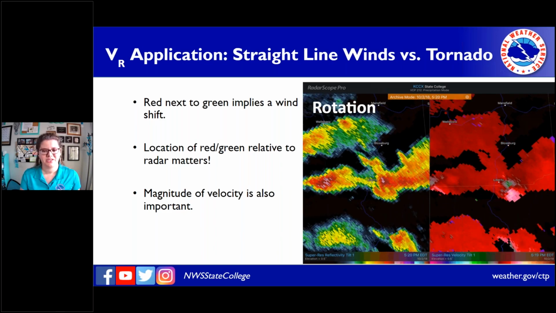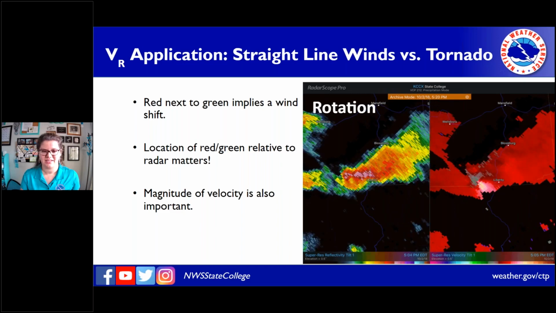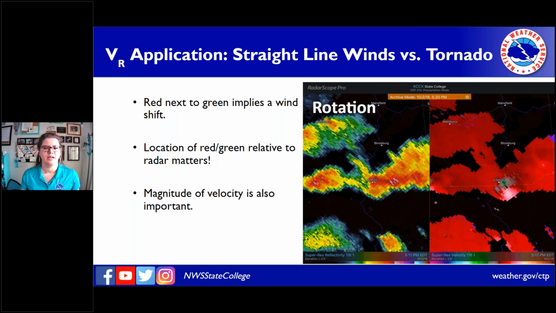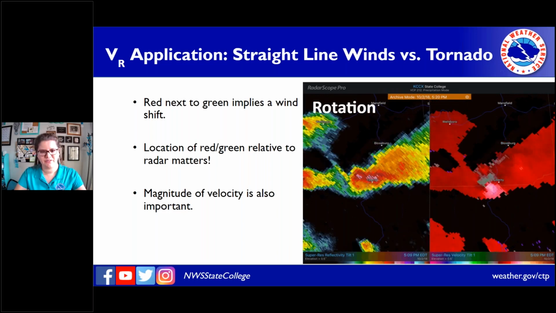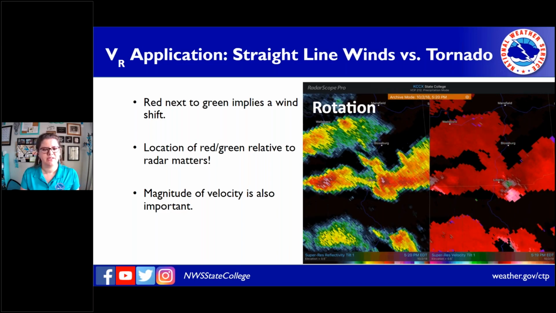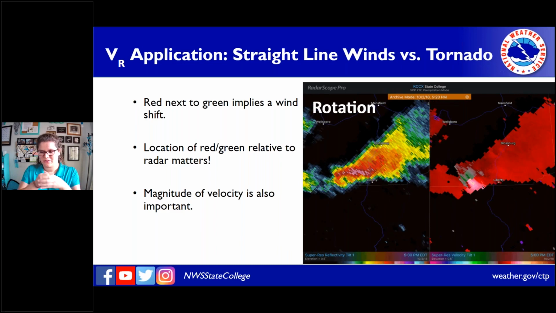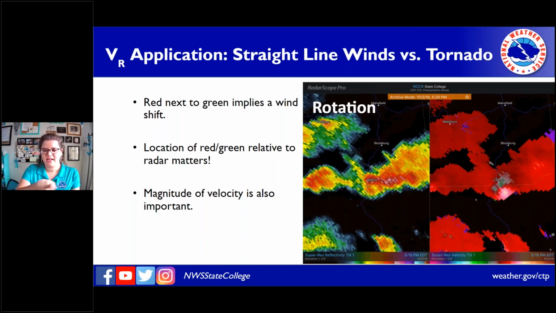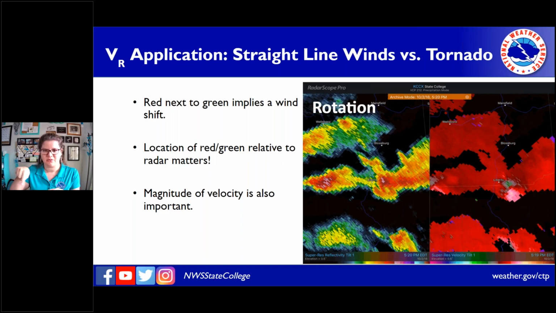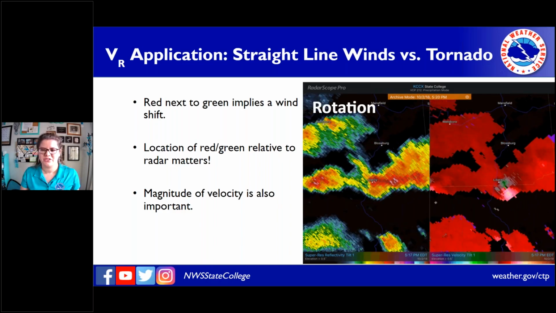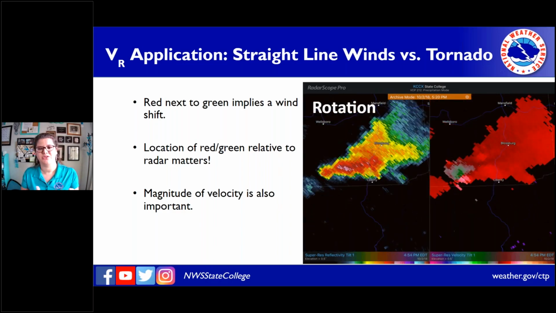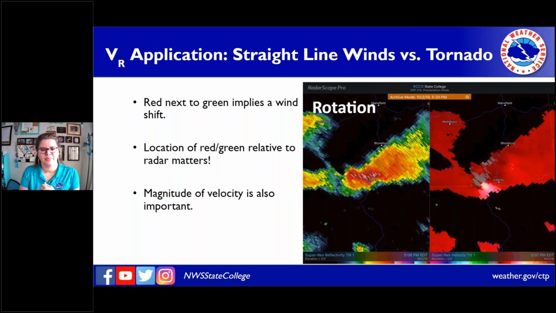The relative location to the radar matters a lot. So remember, your radar is at the center of your image, and everything is relative towards that because your radar is sending out signals in a circle around it. So we have to know where our radar location is to be able to determine the direction of the wind.